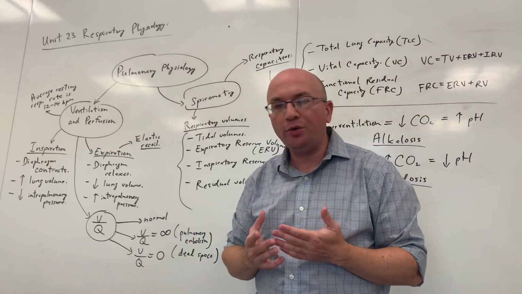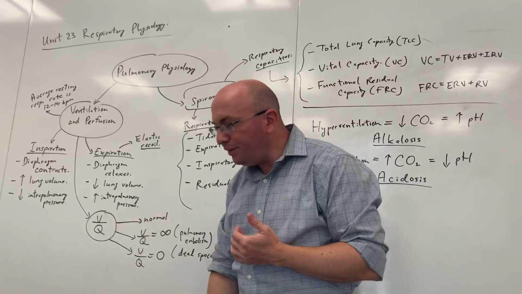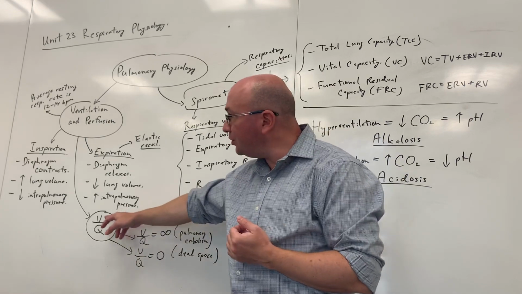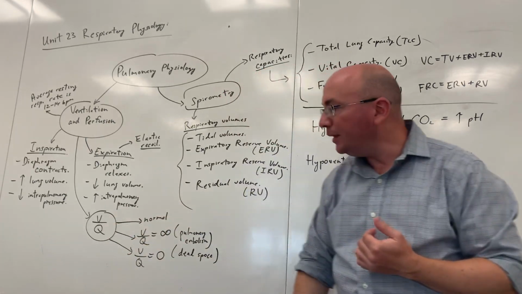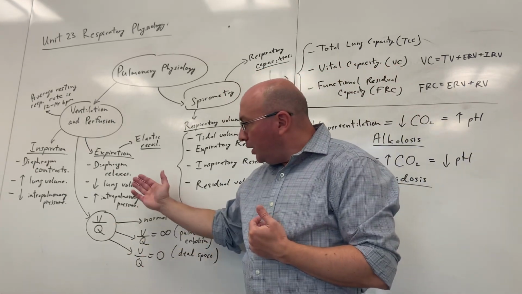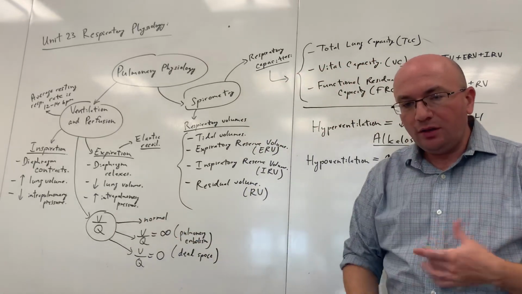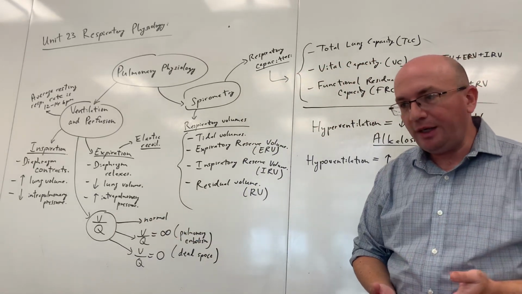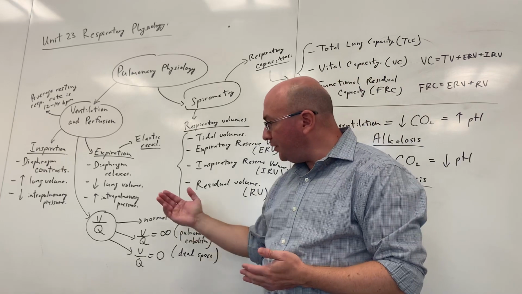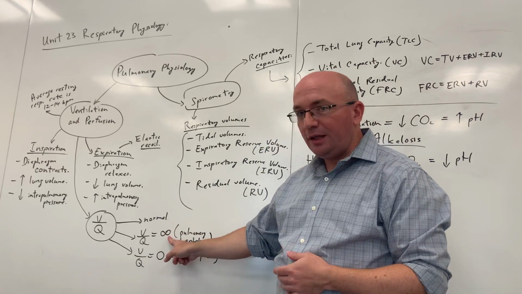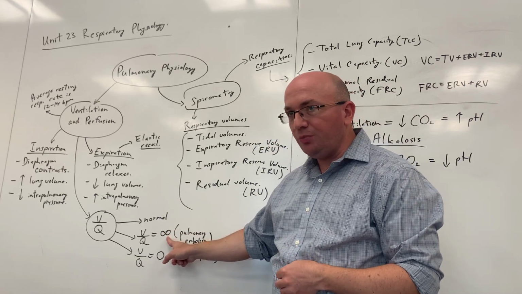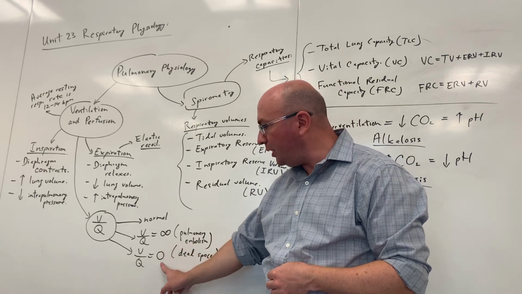So there's a mathematical formulation called the VQ ratio. V refers to ventilation, Q is perfusion. There is a normal VQ ratio that a person who has a healthy respiratory system has, and then there is VQ becoming infinity, the ratio of V to Q becoming infinity, or the ratio of V to Q becoming 0.